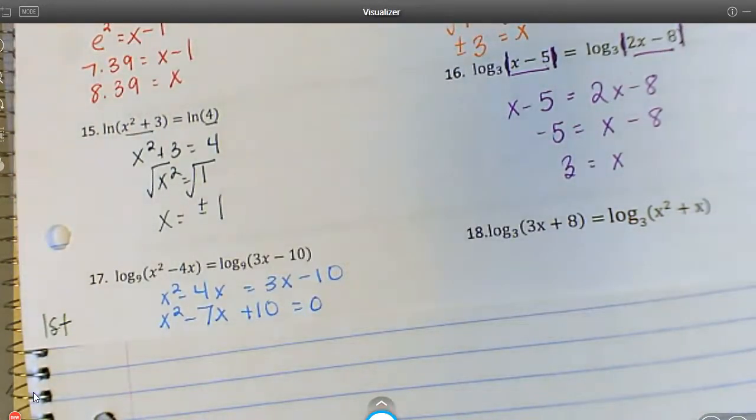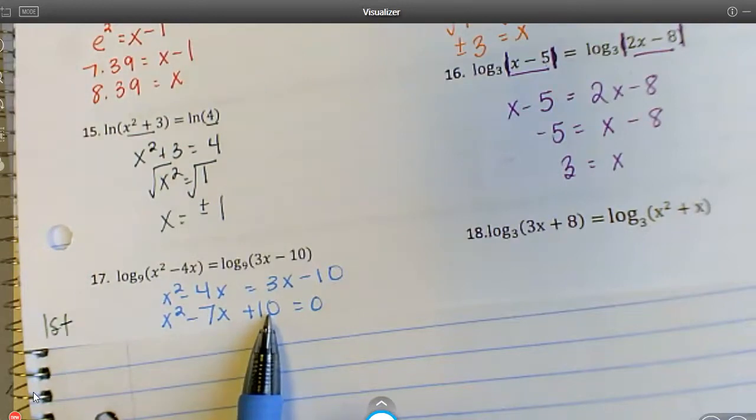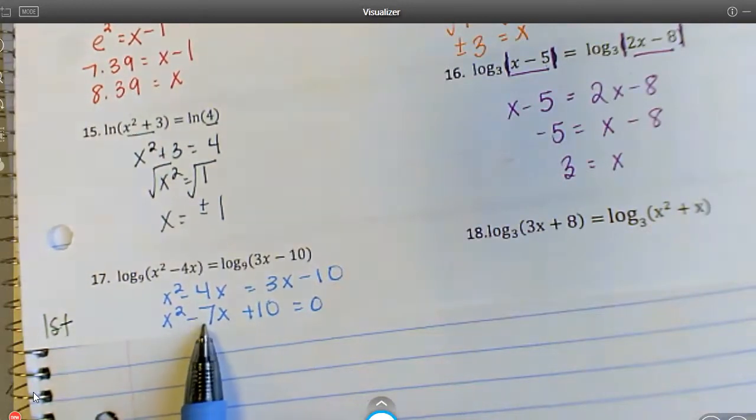Any questions about that? What I did is I moved the 3x over, I subtracted it, and I added 10. Now, to solve that, what you're going to have to do is you're going to have to factor it. You're going to have to find the things that multiply to give me 10, that add to give me 7.